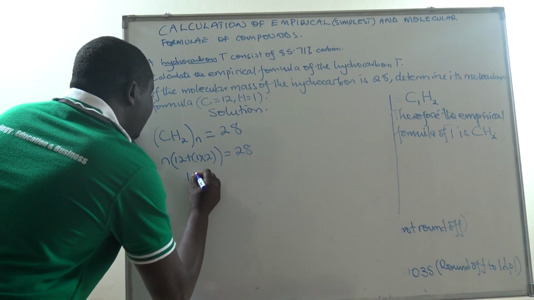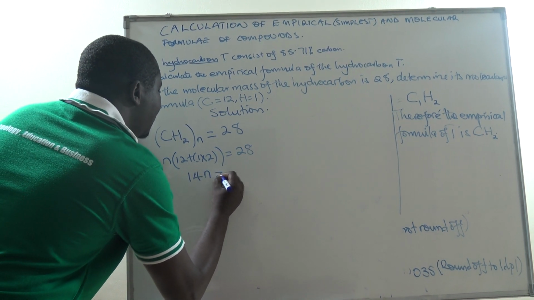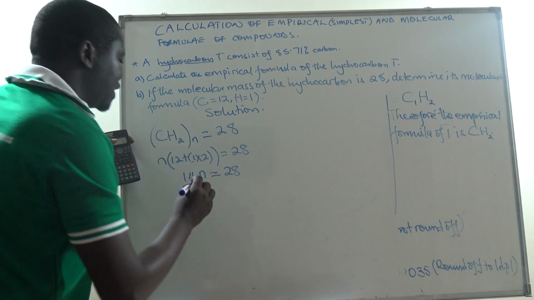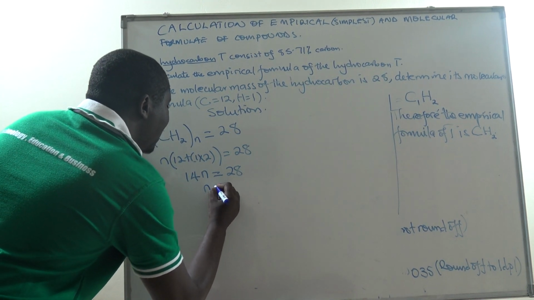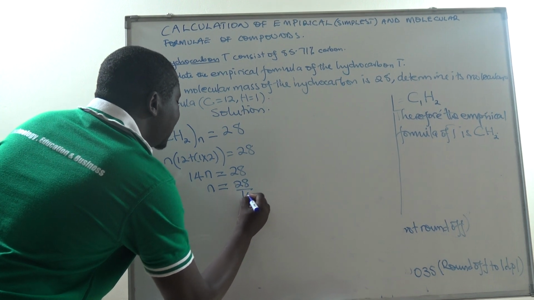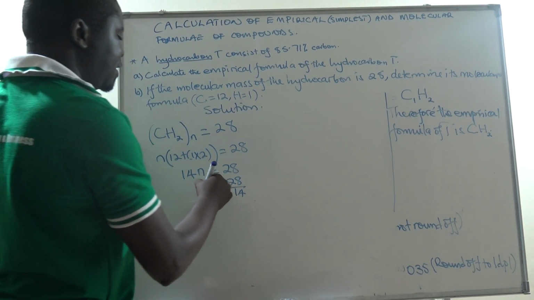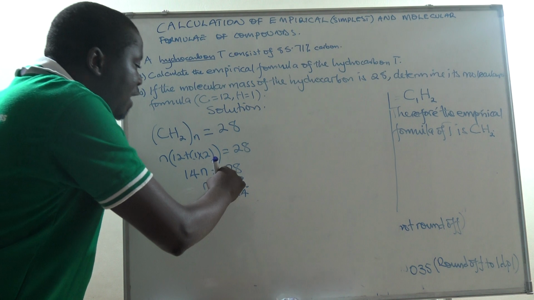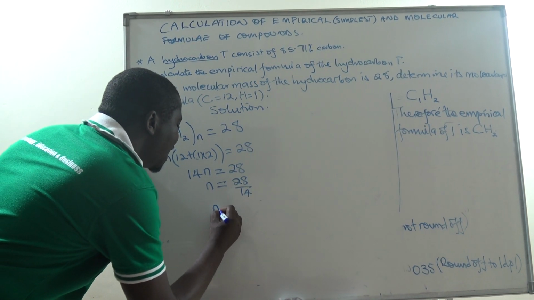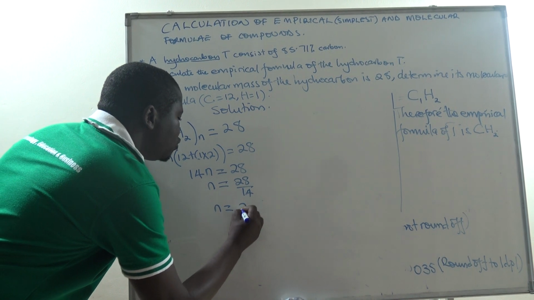So this one times n gives us 14n, giving us a total of 28. Now this is a very important step that will give us the value of n. n is got by dividing 28 by 14. Don't forget this step here. It's a very important step. Because if you divide this one here by this, you are going to get the value of n, and n in this case becomes 2.